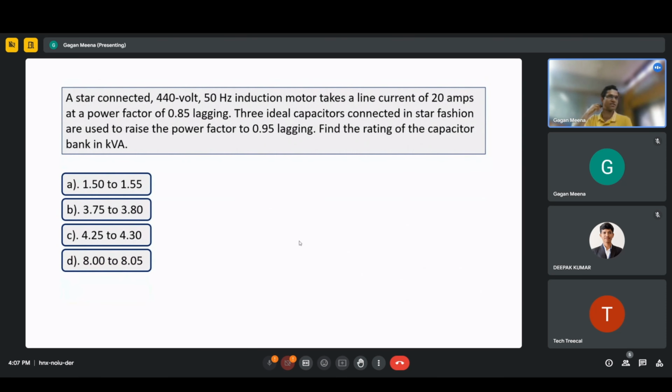Now this is the next question. It is given that we have a star connected 440 volts, this is line to line volts, 50 hertz induction motor. Line current is given as 20 amperes at 0.85 lag.